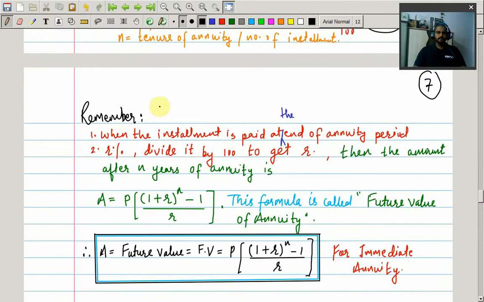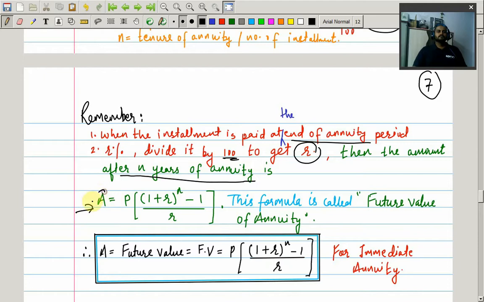So the thing to remember: when the installment is paid at the end of the annuity period, and the rate percent, you have to divide it by 100, then you write the value of r. Then the amount after n years of annuity is this.